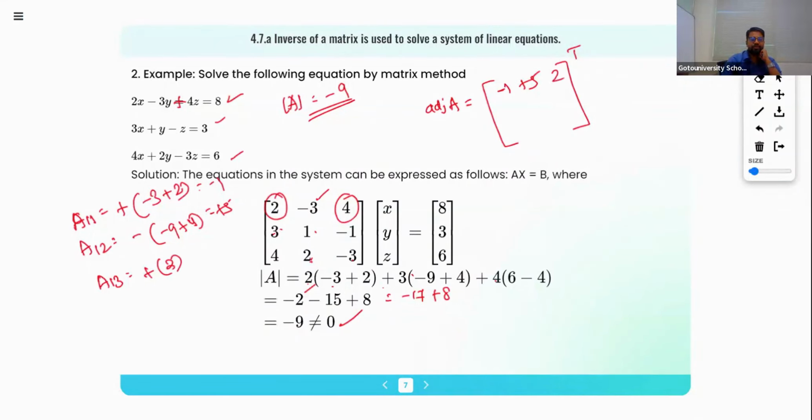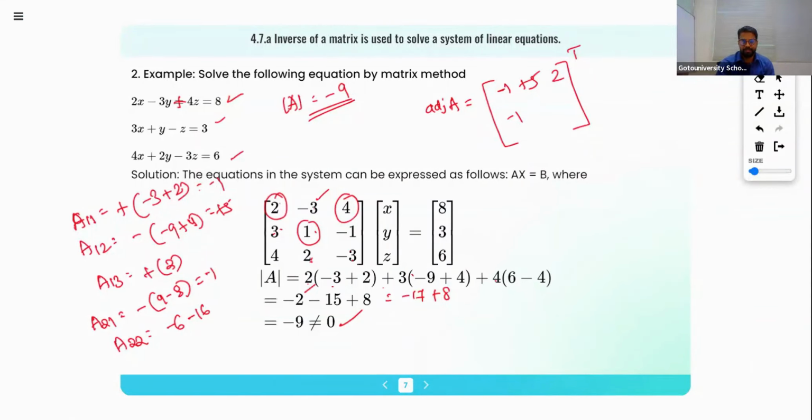This is 2. Similarly, A21 will be minus sign, minus into minus plus 9, minus 6, minus 8, right? Yeah, which is minus 1. I'll write it here. So A22, the cofactor of this. So if we want to eliminate this row and this column, minus 6, minus 16. Am I right?